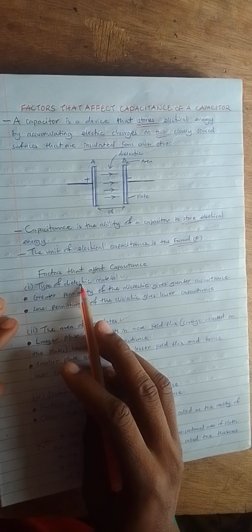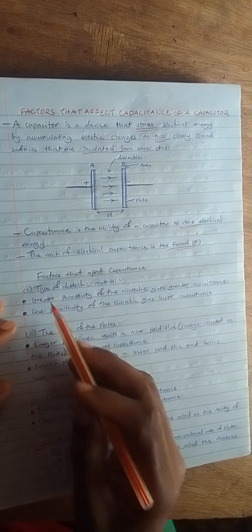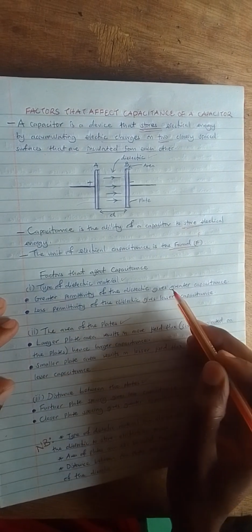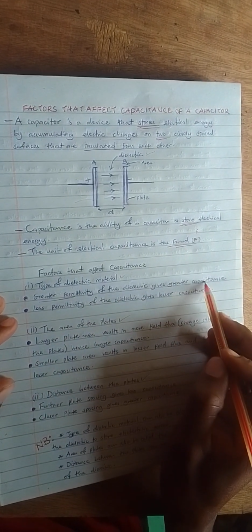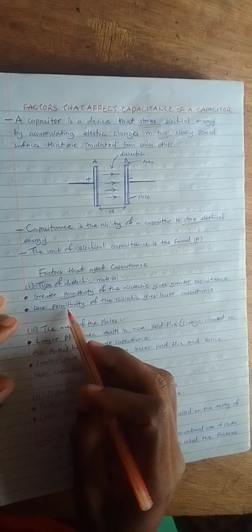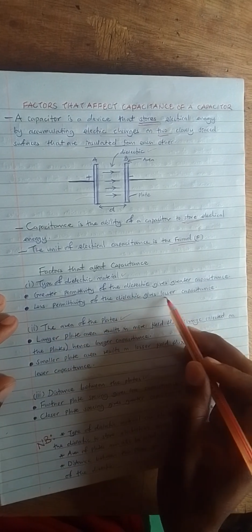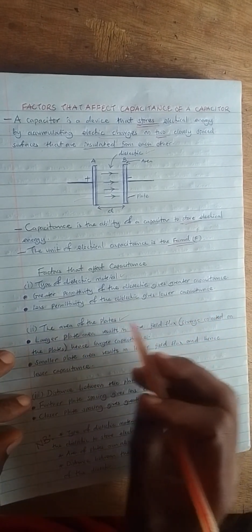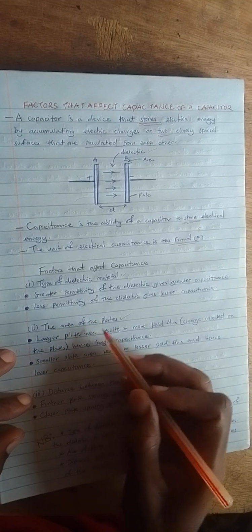So greater permittivity of the dielectric material gives greater capacitance, while lesser permittivity of the dielectric material gives lesser capacitance.